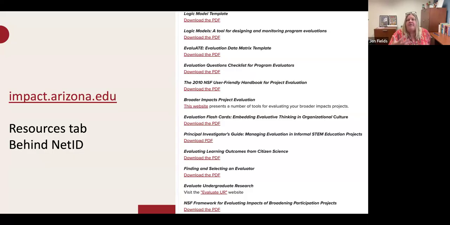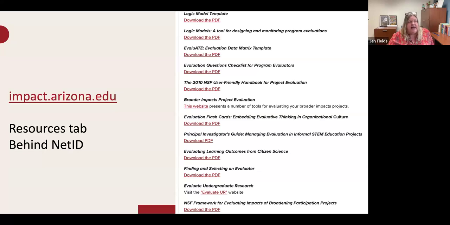It's written from that perspective for someone who might be new to this. There's one specific to citizen science. There's one for undergraduate research. So we try to continually put resources there that we think are helpful to different types of projects and different types of evaluation.